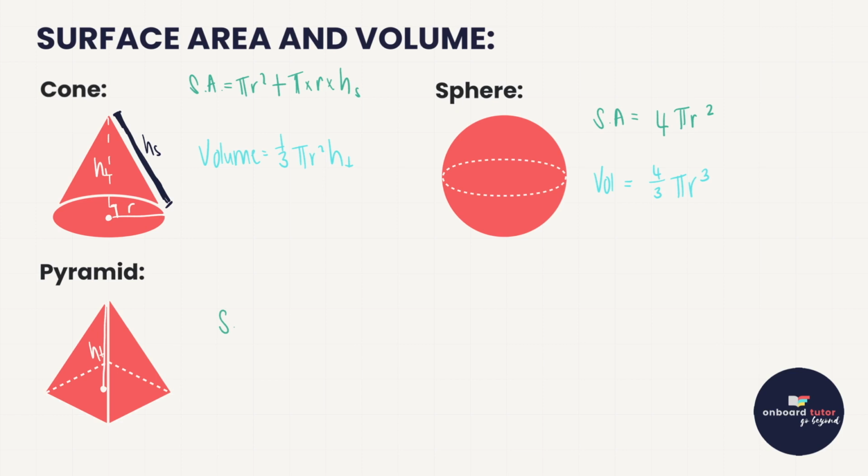And that's okay. In this case, we've got a square-based pyramid, and that means the base has side times side as its area formula. And then we need to do the sum of the triangles. There'll be 4 triangles, and the area of a triangle is half base times height.